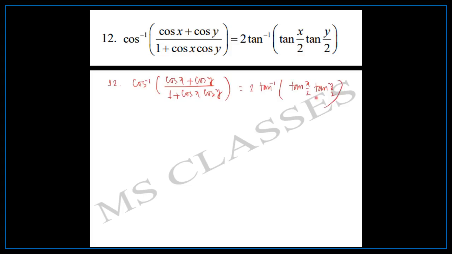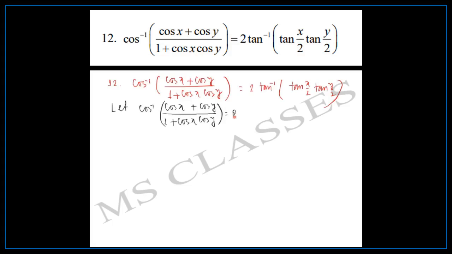How to start with? Very simple. We start in this way: let cos inverse of cos x plus cos y by 1 plus cos x cos y equal theta. We take this whole thing as theta.